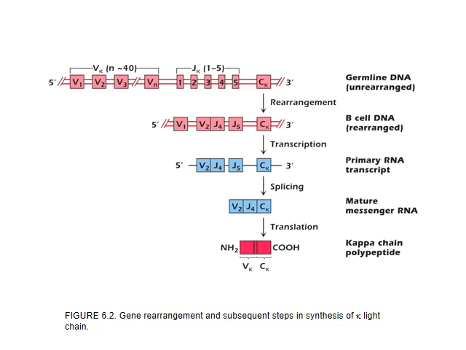It will splice it up and bring these together, and then we will have a mature messenger RNA, and obviously that will be translated into a kappa light chain. So you can see from here the amino terminal, and we'd see a carboxy terminal.